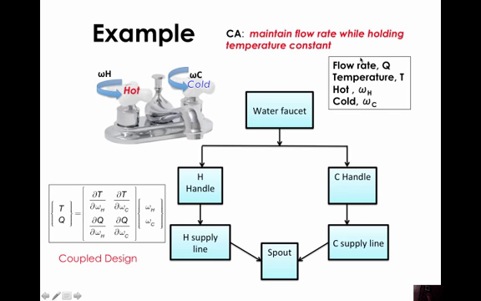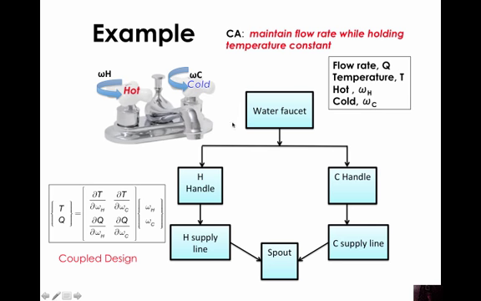And so what we're controlling in this case is flow rate and temperature. And here's our upper level hierarchy. It's a water faucet. We could actually say, if we're looking at functions instead of the actual device, we might say something like control the flow rate and temperature of a liquid.